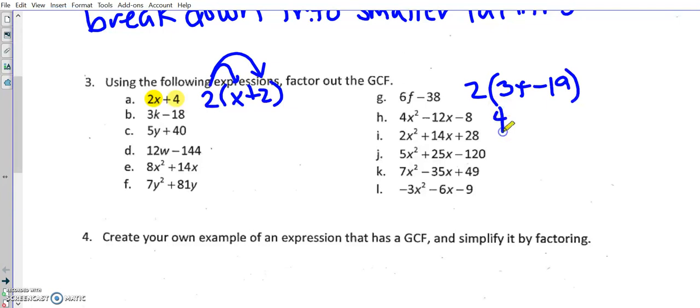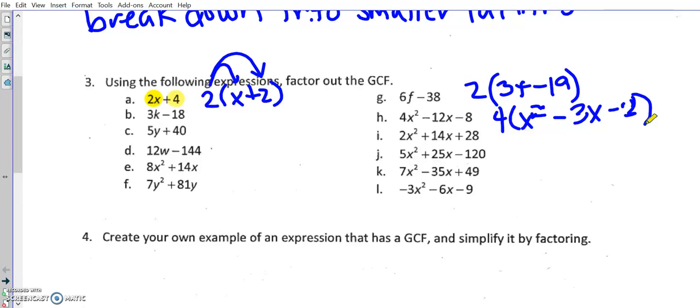So if I bring a 4 out, 4 divided by 4 would leave me with 1x squared, minus 3x, because technically that's a negative 12 and I'm dividing it by 4, and minus 2, okay? Sorry, this pen really is not working. So if I simplify, this should give me 4 times x squared minus 3x minus 2. If I multiply that through, that should give me what I started with, okay?